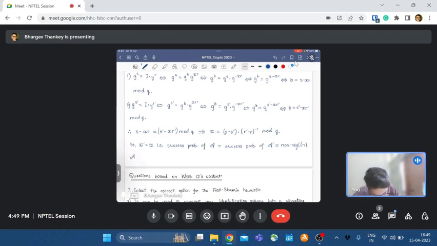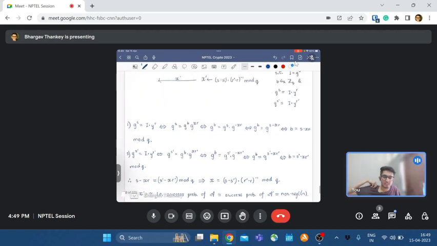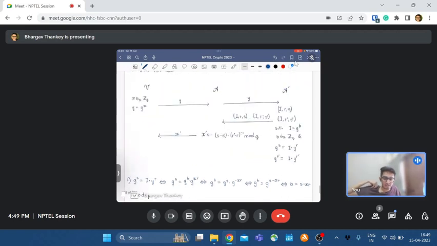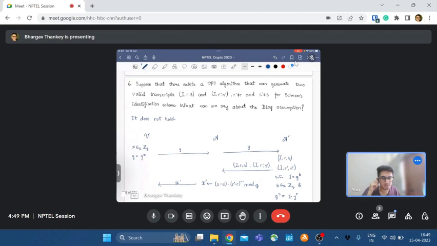So A is PPT because A prime is PPT. So A is an efficient adversary for the discrete log problem. So the discrete log assumption does not hold. Is this fine?